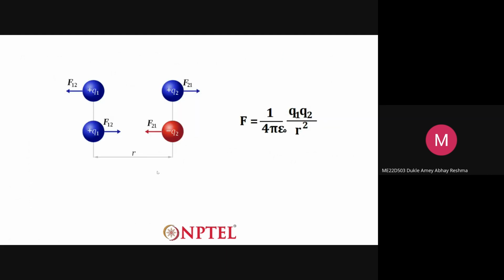When the two charges are there, the force acting between them is 1 by 4 pi epsilon naught Q1 Q2 upon R square. R is the distance, Q1 Q2 is the charge, and 1 by 4 pi epsilon naught is the constant.